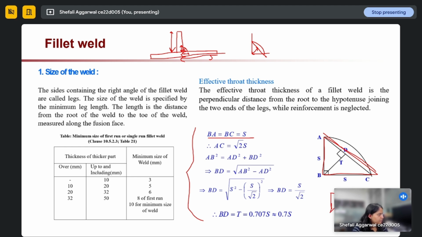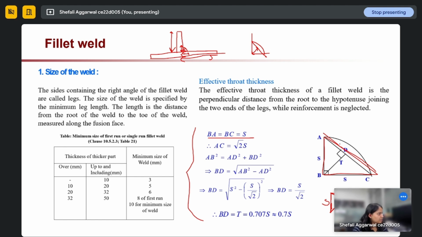In triangle ADB, this is our right angle. So AB square will be BD square plus AD square. From Pythagoras theorem, we can calculate this. And AB we already know is S. So BD we can calculate. BD is our throat length T. So BD will be S square minus AD square.